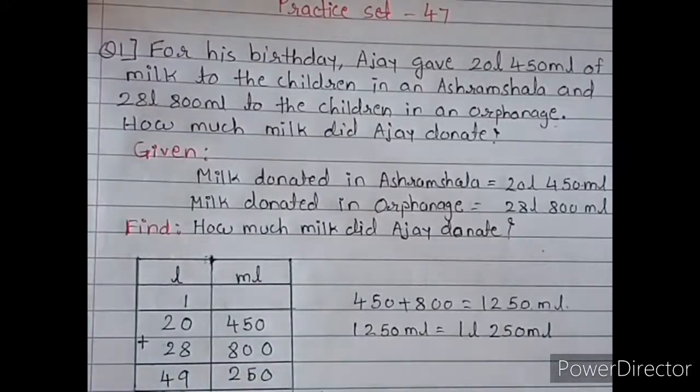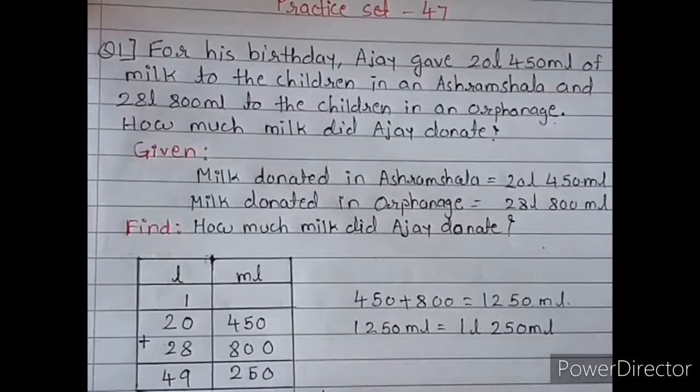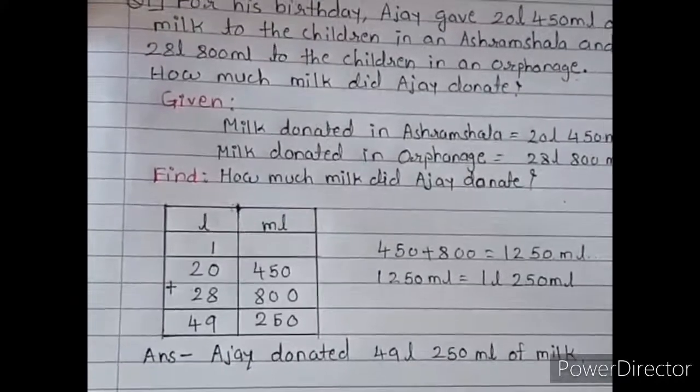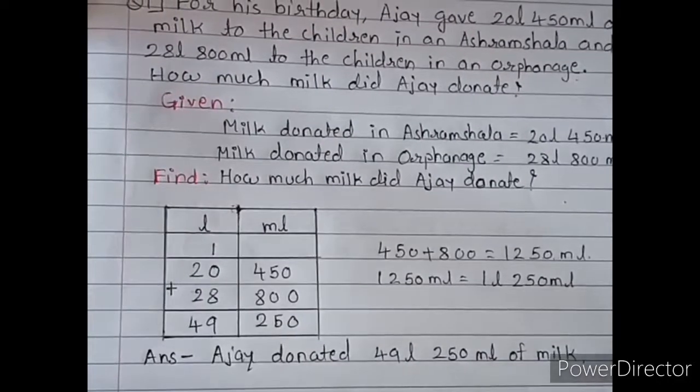It means that is the total milk he has donated. Write down your answer. Ajay donated 49 liter 250 milliliter of milk. Likewise, we have to solve question number 2.